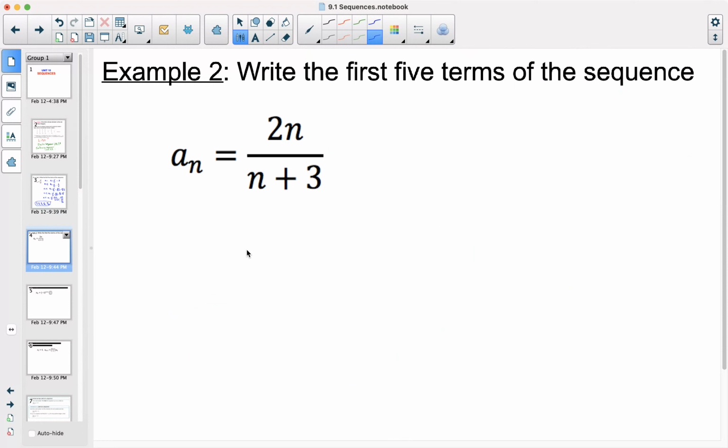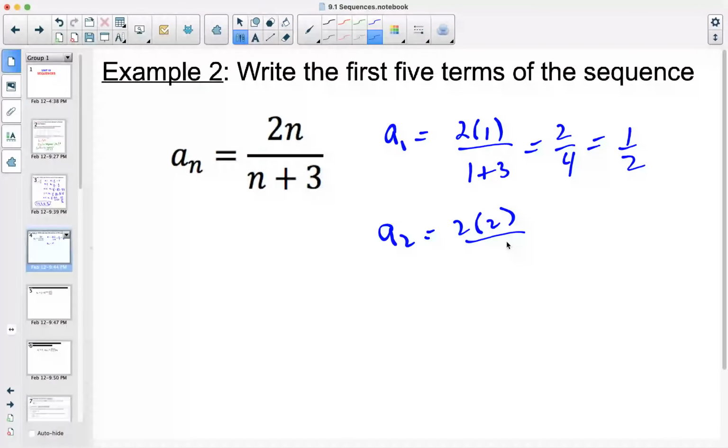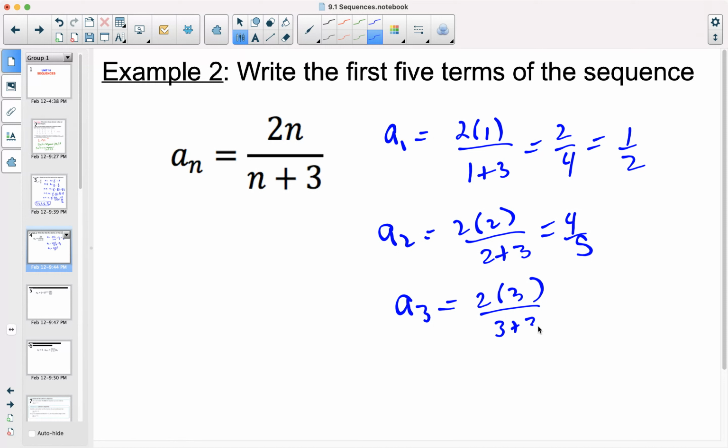Write the first 5 terms of the sequence. So this one's pretty basic, but we'll go through it anyway. The first term is 2 times 1 over 1 plus 3, that's 2 over 4, which is 1/2. The second term, 2 times 2 over 2 plus 3, 4 over 5. The third term, 2 times 3 over 3 plus 3, 6 over 6, which is 1.